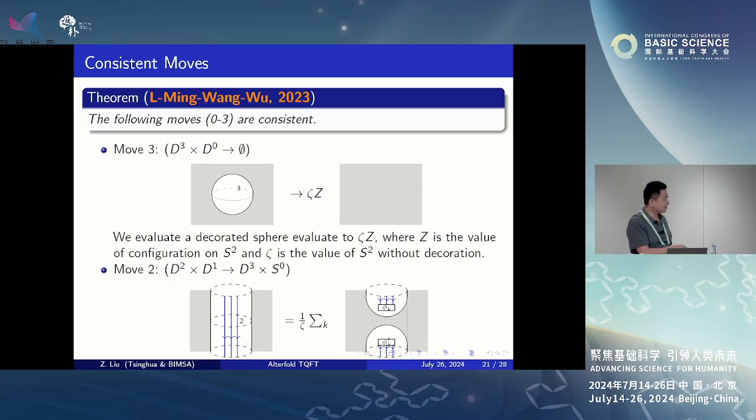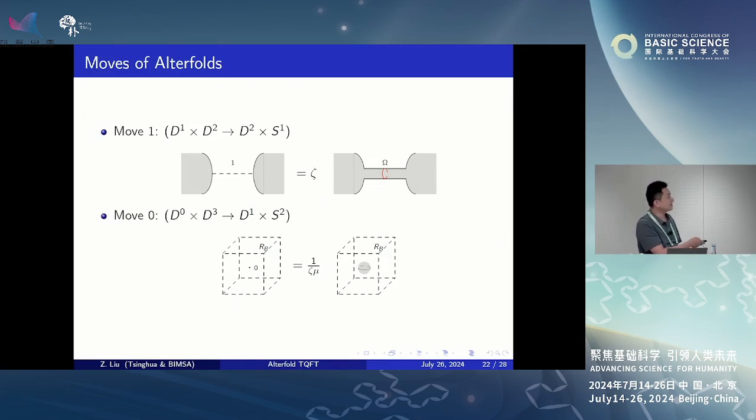Now we can take the inner product of this one with this mirror image, and that will be a torus. And since this is defined by the right side, now it's a well-defined value. And then using that solid torus, we can define the inner product of this one with this mirror image. And then the inner product of left and right is again a sphere. And then we use the double dual condition to induce this relation.